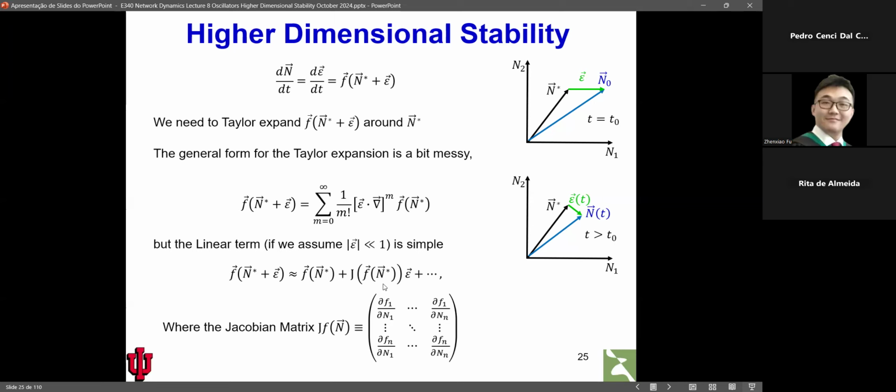And then you have the Jacobian, which means that you are taking the first component of f and deriving against n1 up to df1 to dnn, and then you do all the Jacobian thing that I'm sure you know. I'm assuming you know, of course.